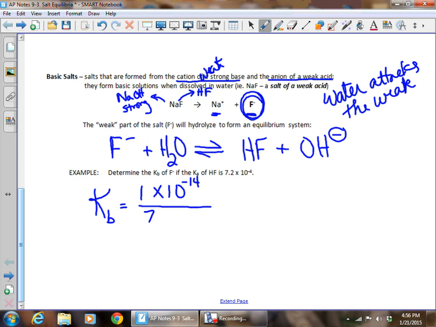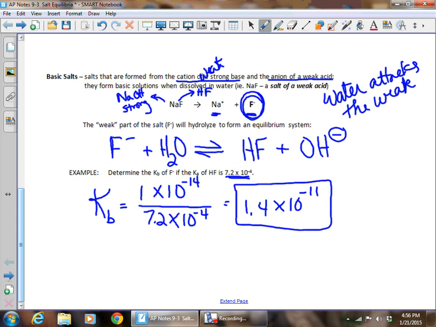So I'm going to divide that by the 7.2 times 10 to the minus 4th that it gave me here. And I end up with a Kb of 1.4 times 10 to the minus 11th for the new Kb of F minus, which again, you can't find those ion K values in a table.